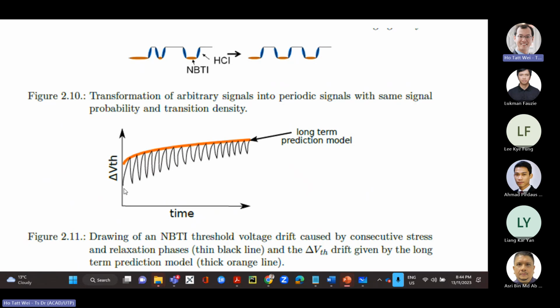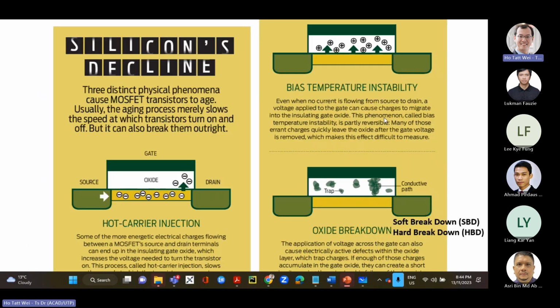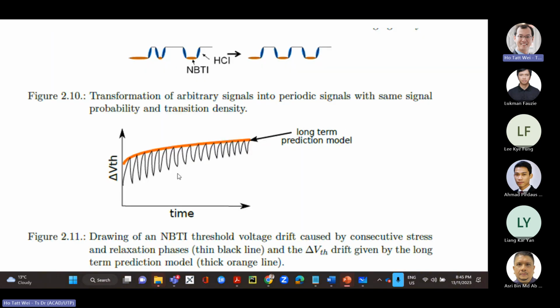And again, BTI, like I said, is partially reversible, and that's indicated by this. So we can represent the effect of aging due to bias temperature instability by a change in threshold voltage. Threshold voltage goes up, then comes down, goes up, then comes down. Why? Because over time you switch it on and off, on and off.